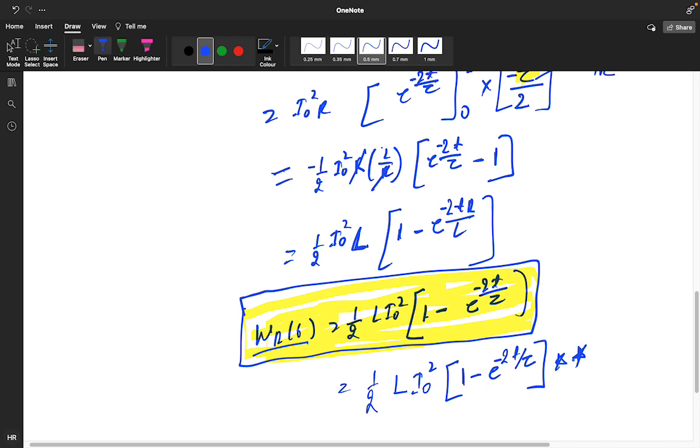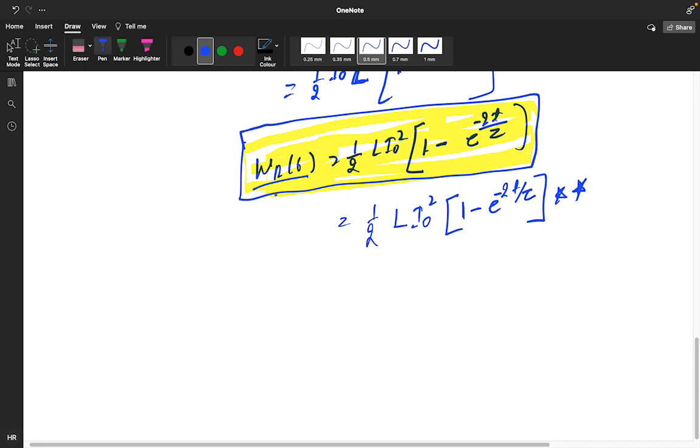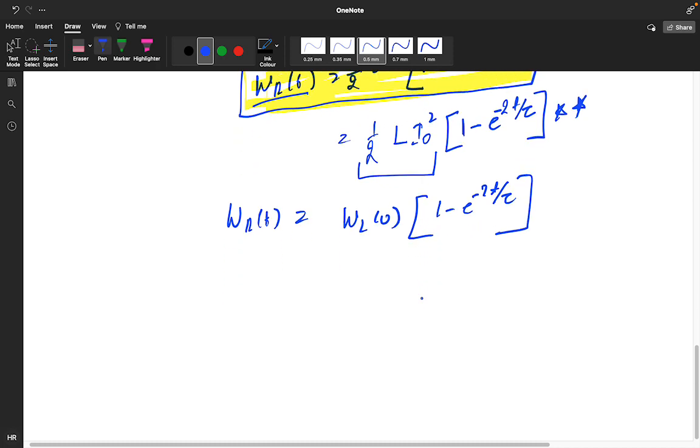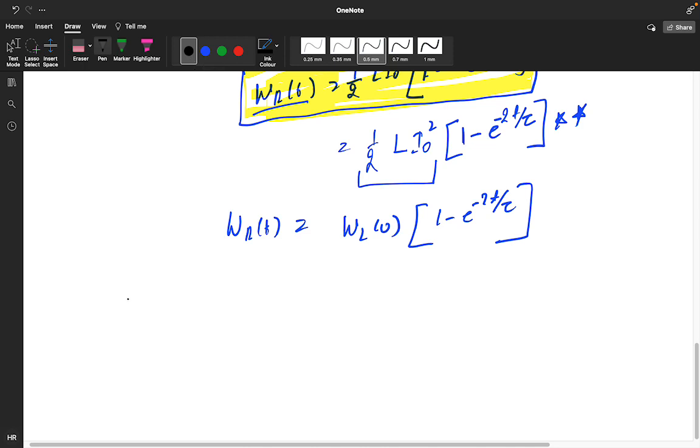So guys, what I want to say is, see, if you want to represent WR of t in terms of WL of t, half Li naught square was WL of 0 into 1 minus e power minus 2t by tau. Okay. And if you want to make the curve of the energy stored in inductor, this is WL of t.